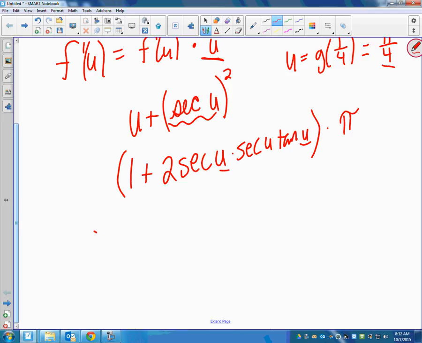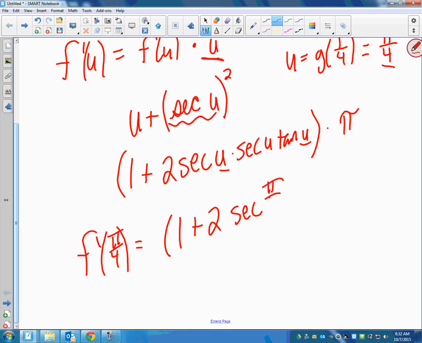So we can say f prime of pi fourths equals 1 plus 2 times, that's really secant squared, so I don't know how you want to write it. I'll just say secant of pi fourths times secant of pi fourths times tangent of pi fourths, all times pi because of that u prime.